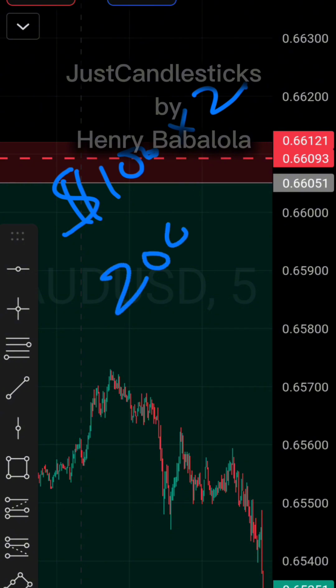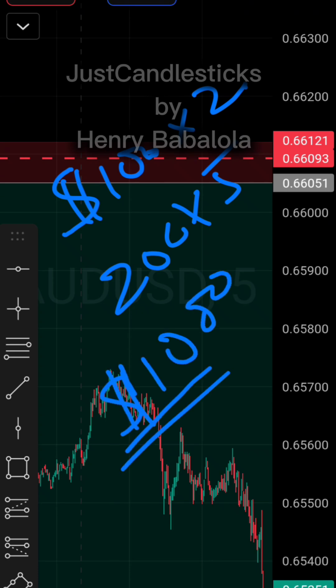So $200 in 5 places, you have $1,000. So when you have a winning ratio of 50% and you traded 10 times, at the end of the 10 trades you are going to break even. Your account will still remain $1,000, no loss, no profit.